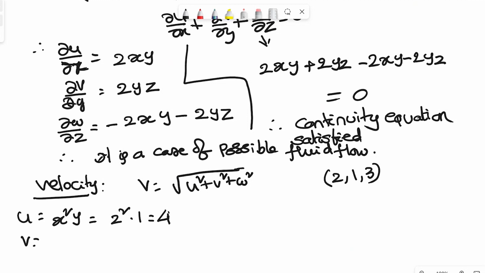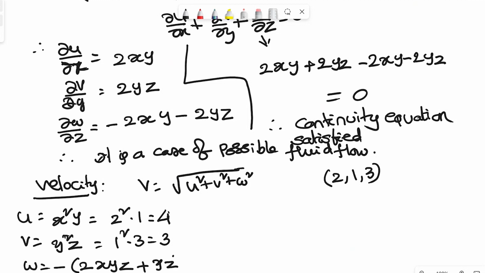Then v is equal to, for example, y square z, which is 1 square into z is 3. So it is 3. Then w is equal to minus 2xyz plus yz square.